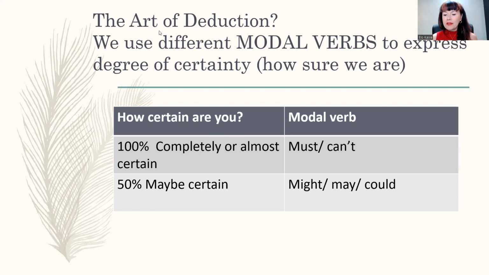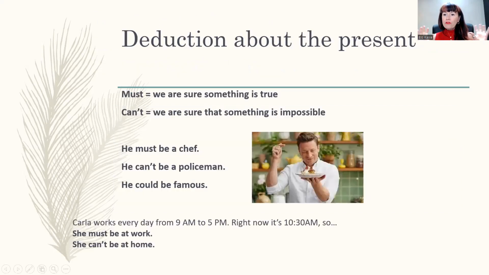And I will show you what it means in a second. First of all, we can make deductions about the present. Remember, we use must when we are sure something is true. Can't, when we are sure that something is impossible, so something is not true.